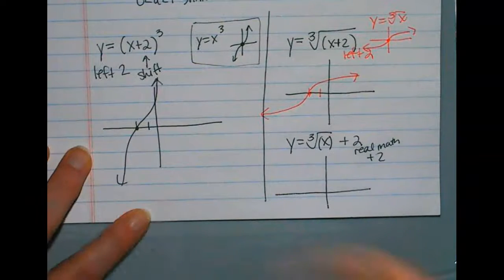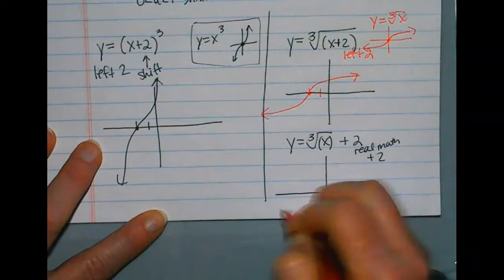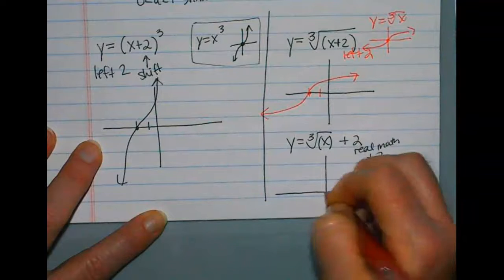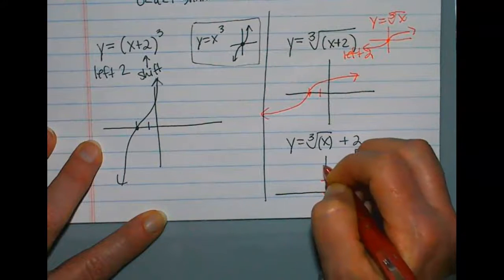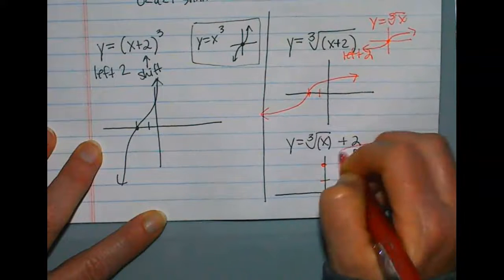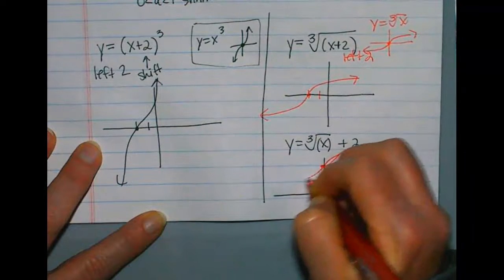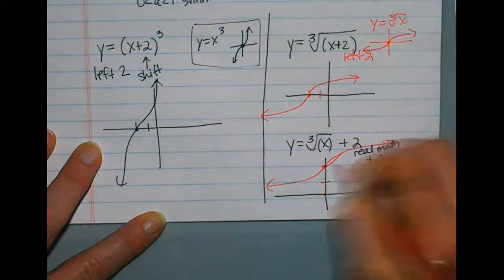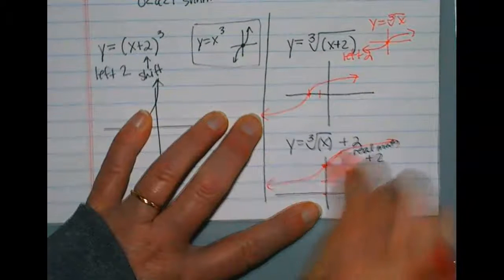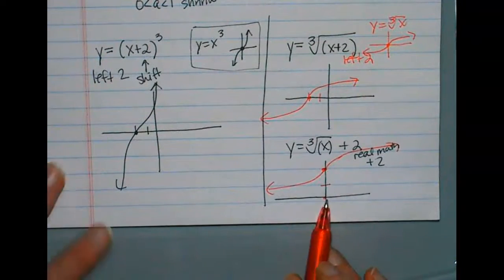So I'm going to take the same shape that would be the parent function, that would be like this, and I'm going to move it from 0, 0 up 2. And it's going to go like this. So up 2. And the 0 part doesn't change.